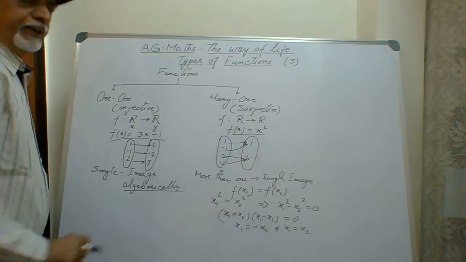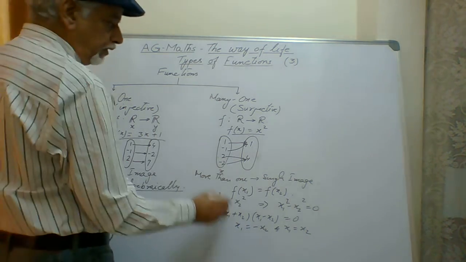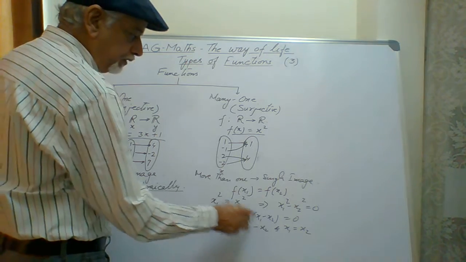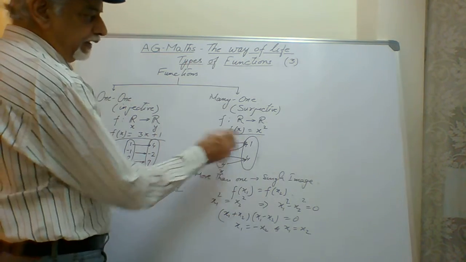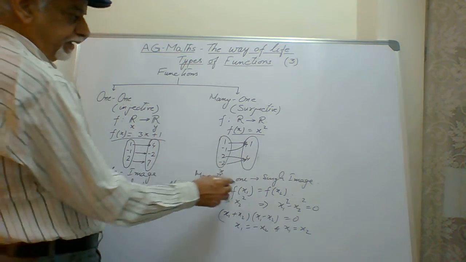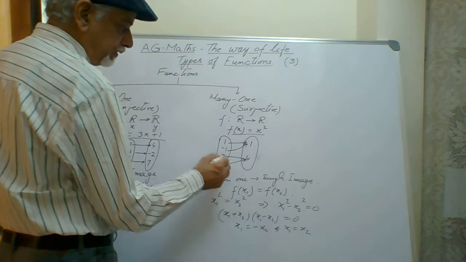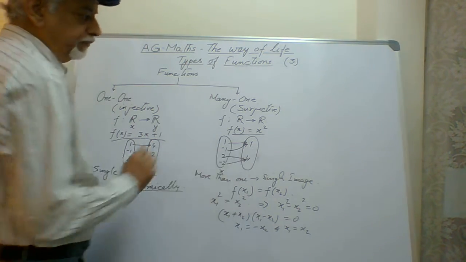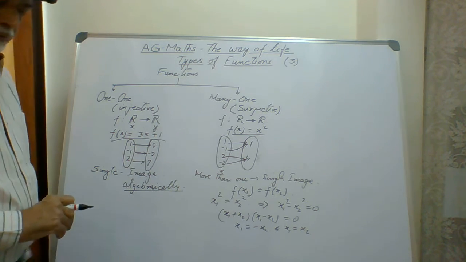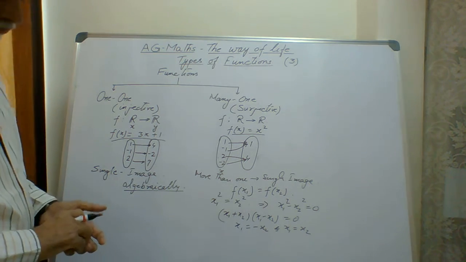This is very clear here. If x1 is 1, then x2 can also be minus 1, because we get the same image. If we take x1 and x2 as 2 and minus 2, then again we get 4. So this also proves that it is the same.